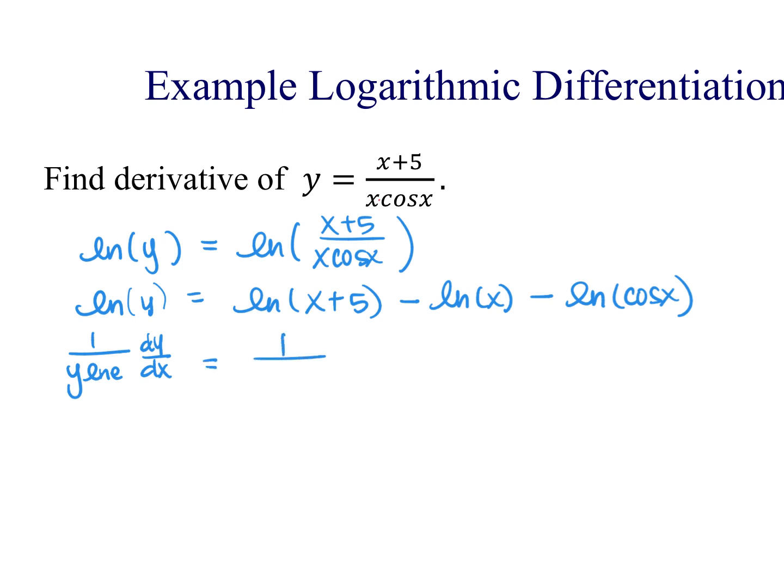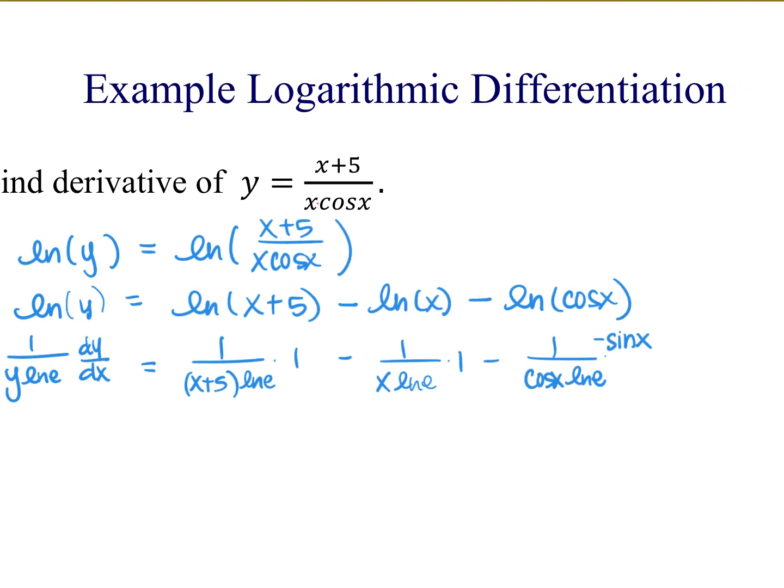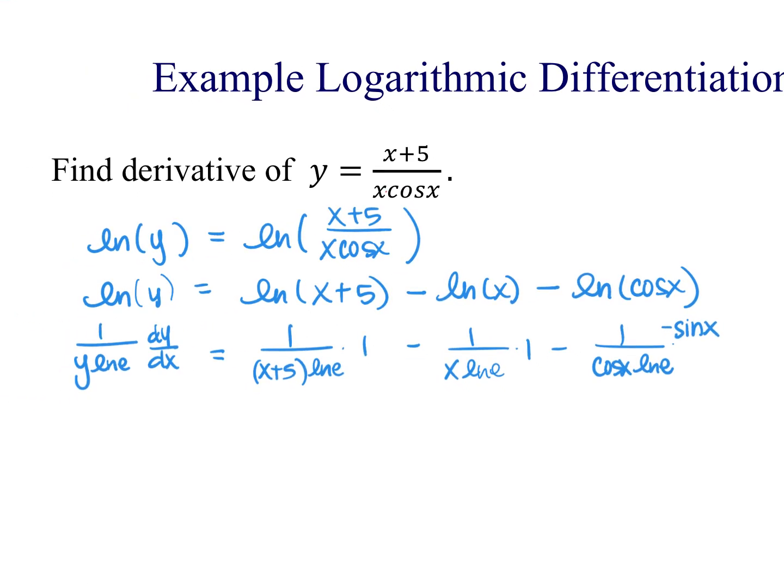It'll be 1 over x plus 5 times 1, minus 1 over x times 1, minus 1 over cos x times negative sine x. So this allows you to avoid the quotient rule and just use the logarithm rule all the way across.